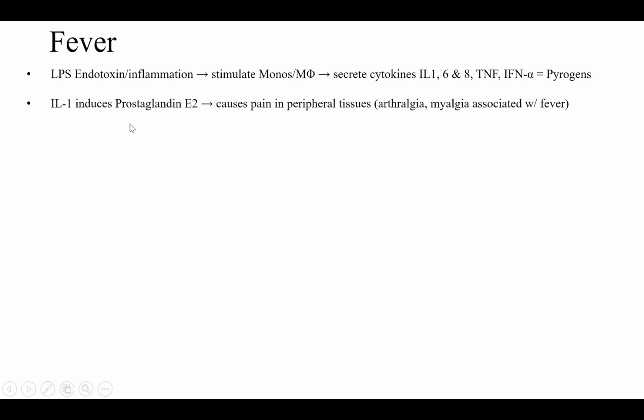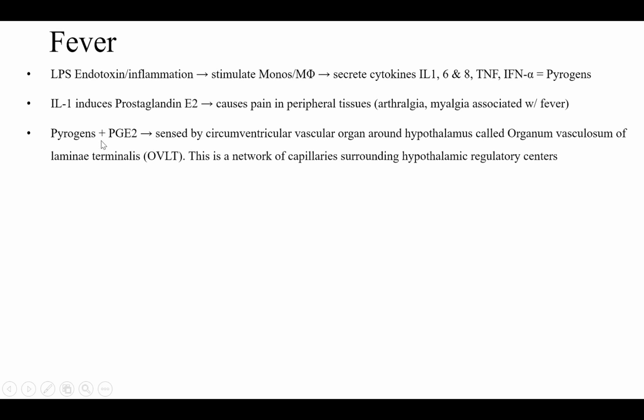IL-1 induces the generation of prostaglandin E2, and that also causes pain in peripheral tissues that is associated with fever, arthralgia, and myalgia.